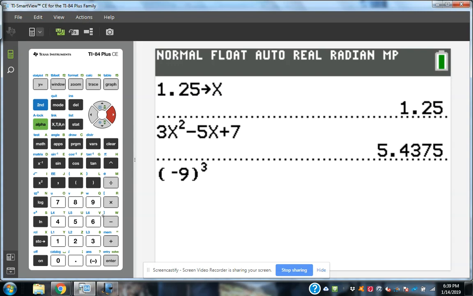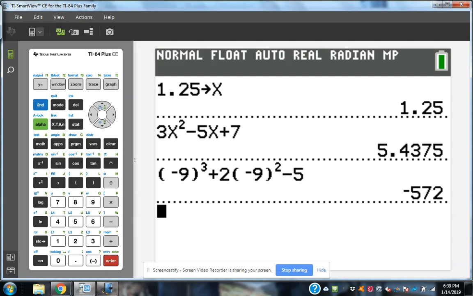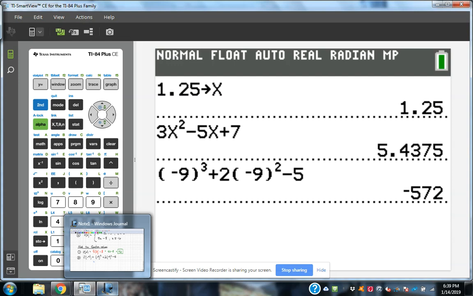Negative 9 in parentheses cubed plus 2 times parentheses negative 9 squared minus 5. I'm typing that in exactly like I wrote it. We get negative 572. Good thing we're not graphing this.